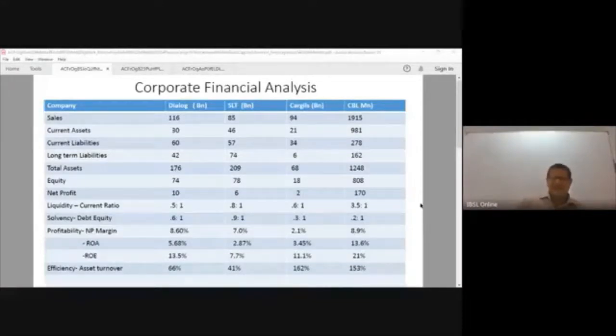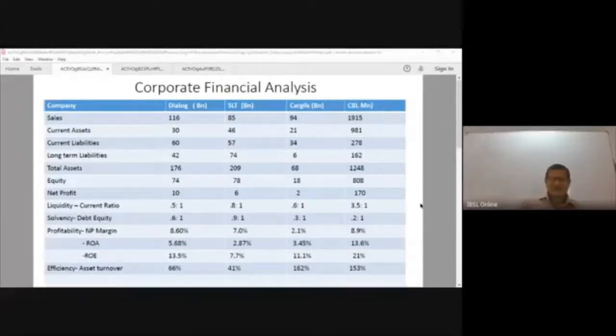Then we also had another look at certain other ratios to look at how efficient these companies are. I took one ratio which we call the asset turnover ratio. How quickly they can turn assets in a cycle.